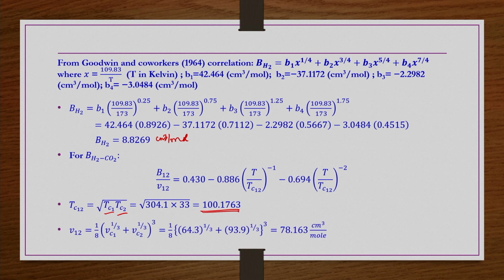Now we also need V_c12. V_c12 is given as 1/8 multiplied by (cube root of Vc1 plus cube root of Vc2) to the power 3. When you substitute the given Vc1, Vc2 and simplify, you get Vc12 as 78.163 centimeter cube per mole.